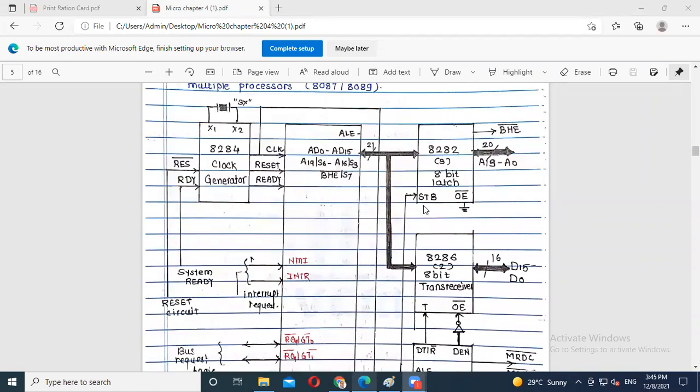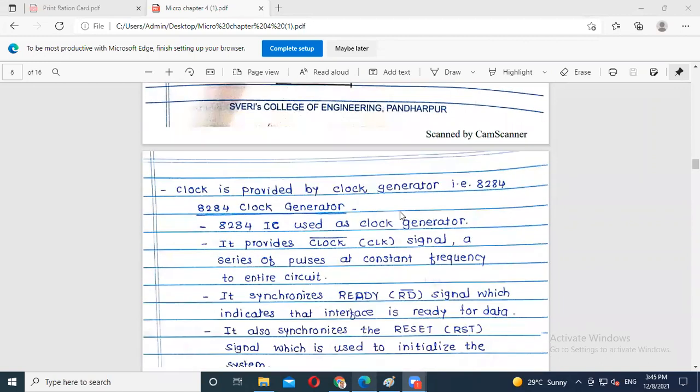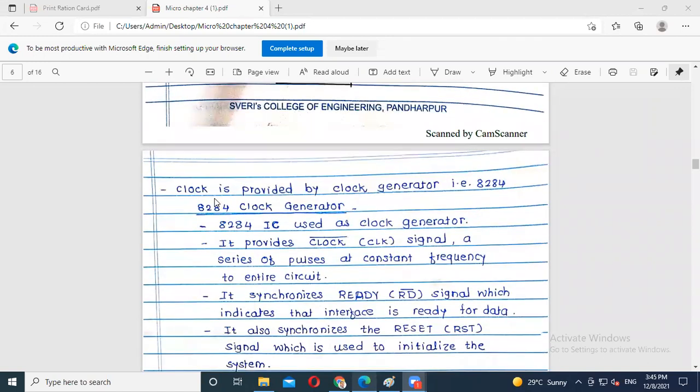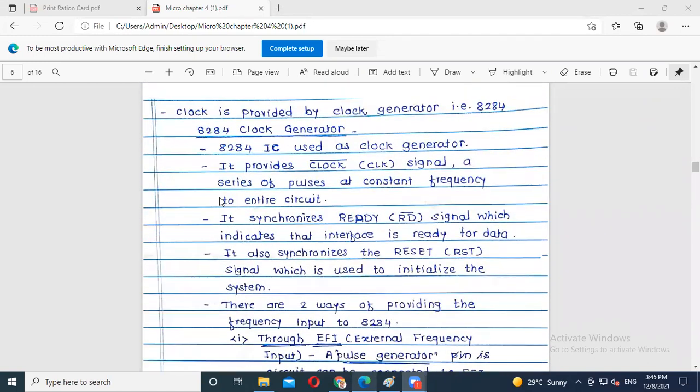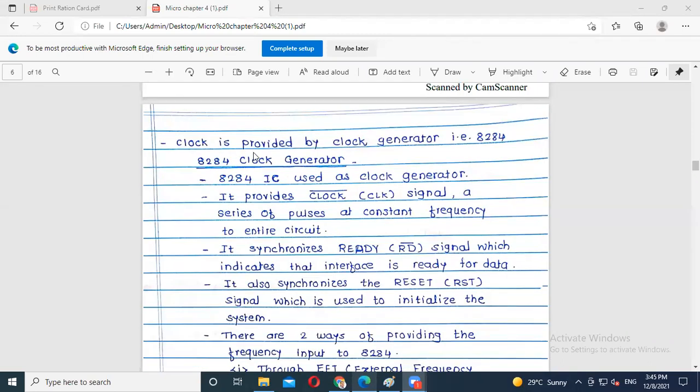Now we will explain the blocks one by one in detail. First is the clock generator, the 8284 IC chip, which provides the clock signal, a series of pulses at constant frequency.